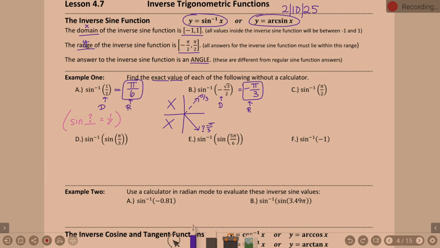With sine inverse, my angles are supposed to be the answers. This is supposed to be my input or my domain. What kind of domain am I supposed to have? A number between -1 and 1. Okay, folks, this pi over 2 is not an angle. It's a number.